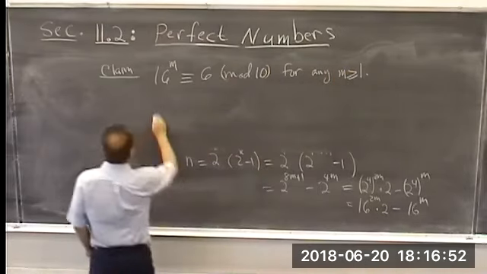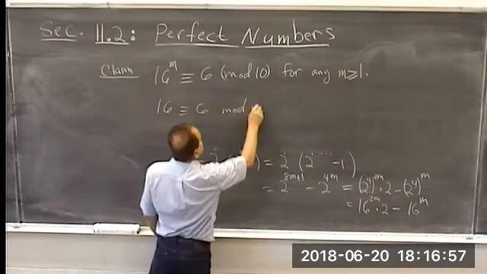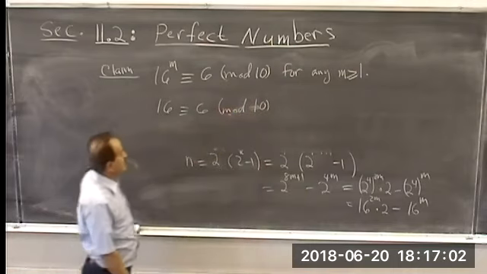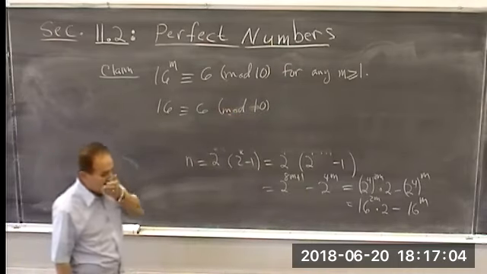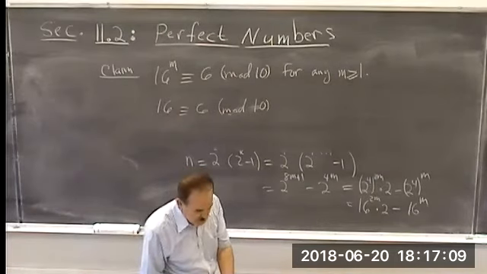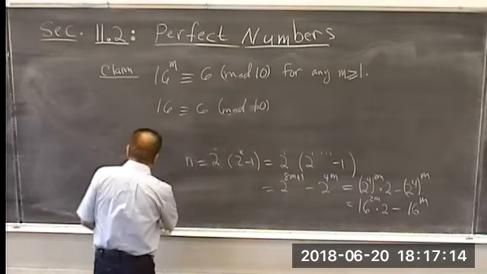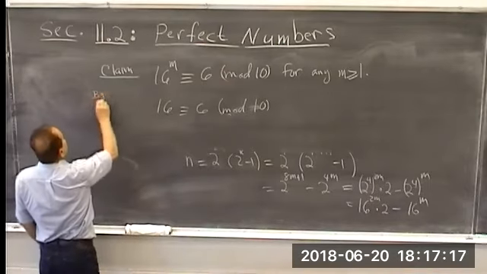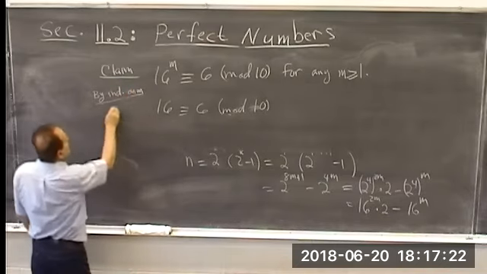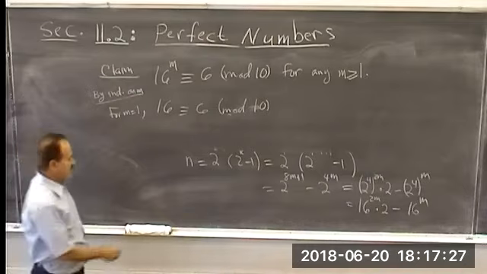This, of course, follows since 16 is congruent to 6 mod 10. Actually, this one we have to do more by induction, on m. So for m equal 1, yes, this holds, of course.